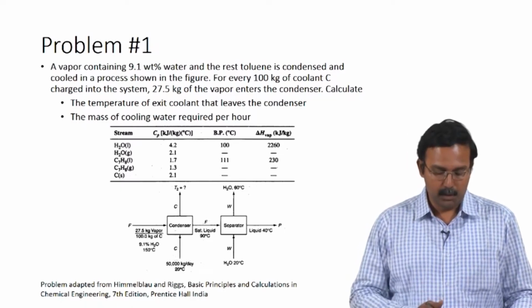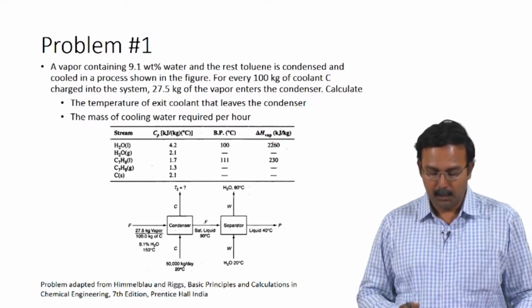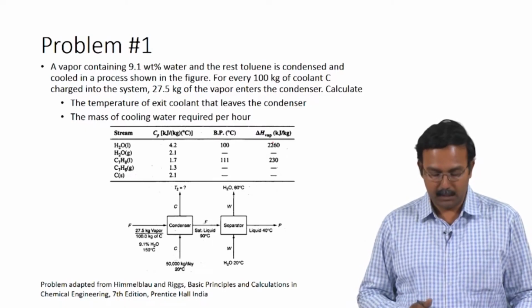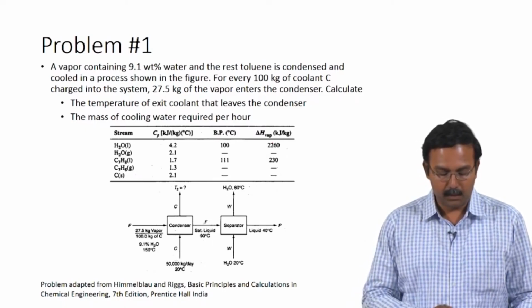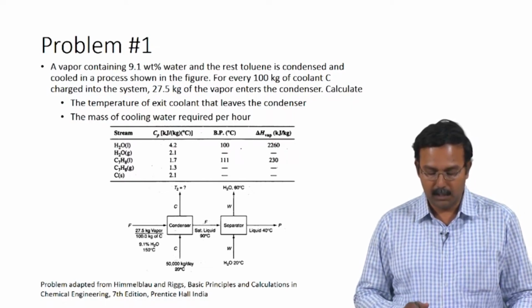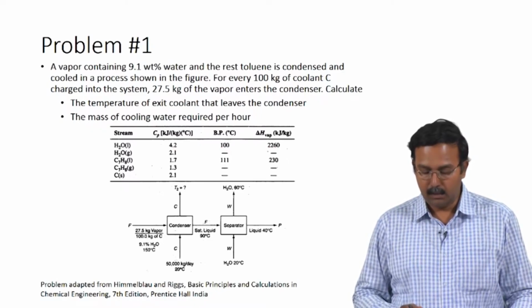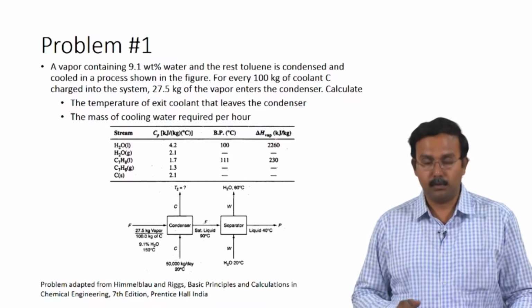The problem also gives us the data for Cp, boiling point and the heat of vaporization for different components. So, you have water liquid with a Cp of 4.2 and a boiling point of 100 degrees Celsius and heat of vaporization as 2260 kilojoules per kilogram.